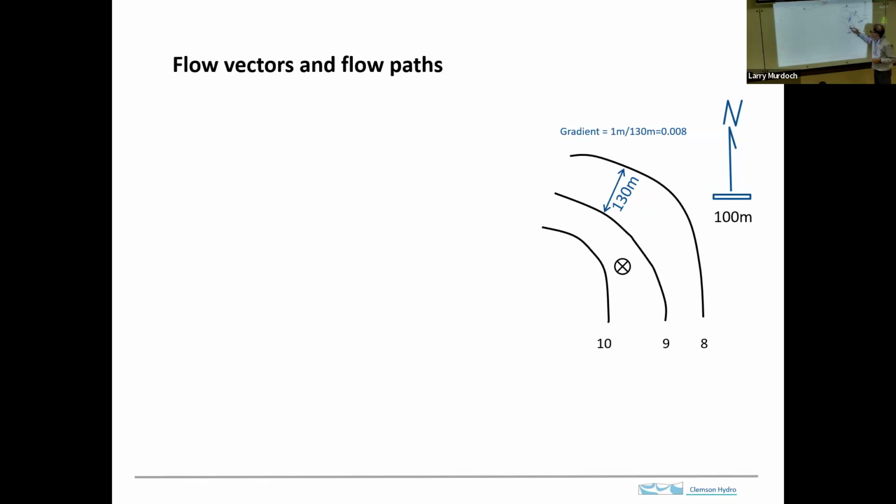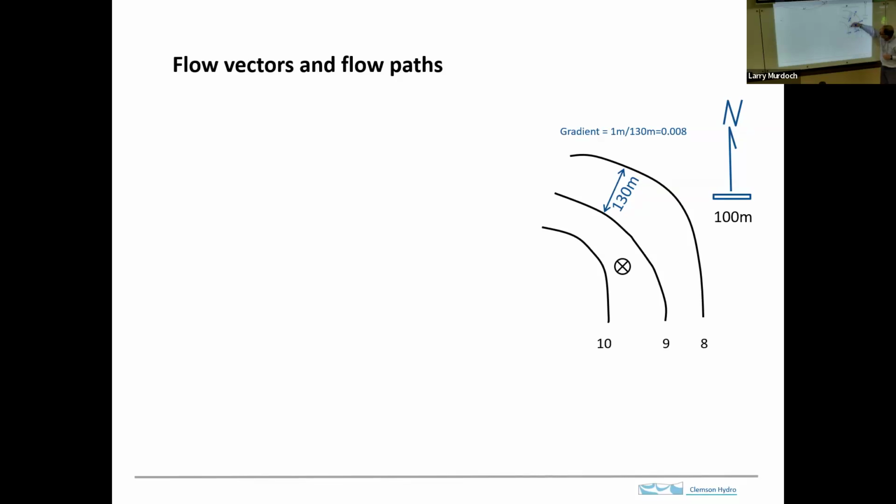And if we say that there's flow that starts here, then we want to draw the flow path from recharge that starts here. So the way to do it is to say, okay, at the contour I know what the flow direction is, and I need to use that as a guide and draw the flow in a smooth curve where I extrapolate out and have it cross the contour in a perpendicular line.